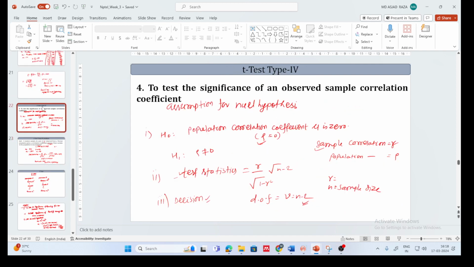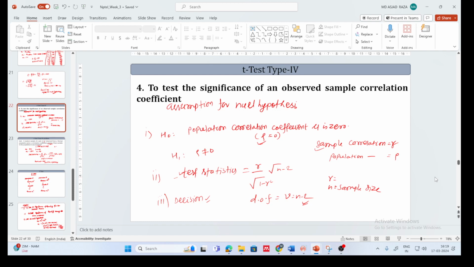N minus 2. When we are talking about sample correlations, we already have two types of data. When we are talking about correlation, we can't take it at a single sample or single population. Understood? Correlation will come if there are two or three.